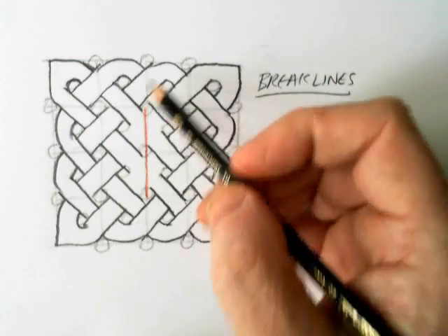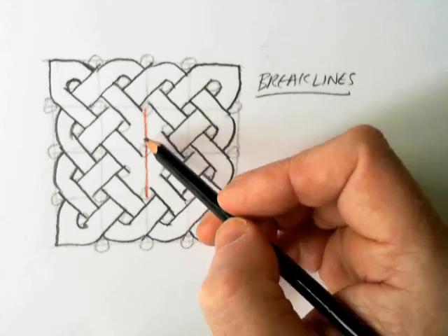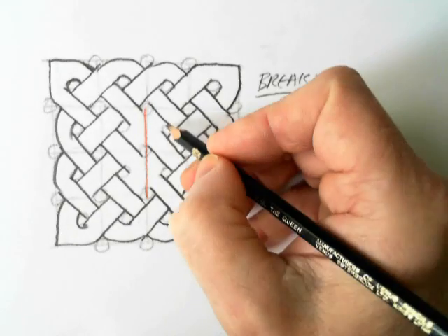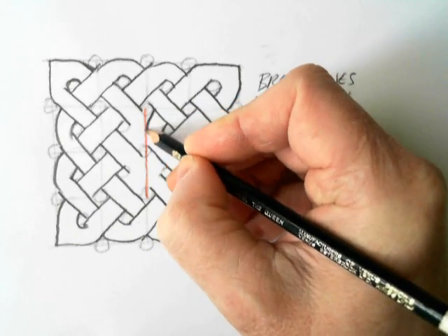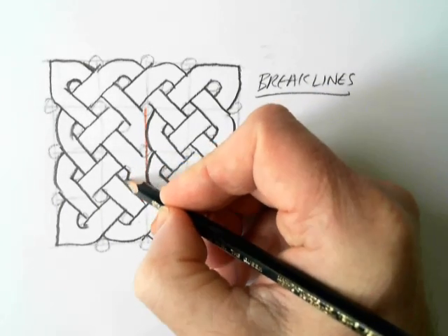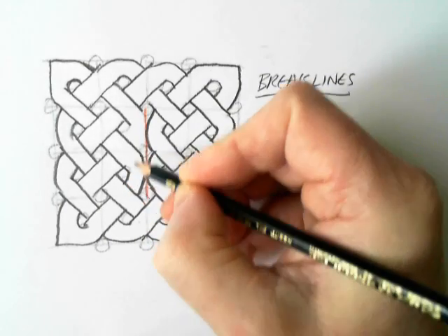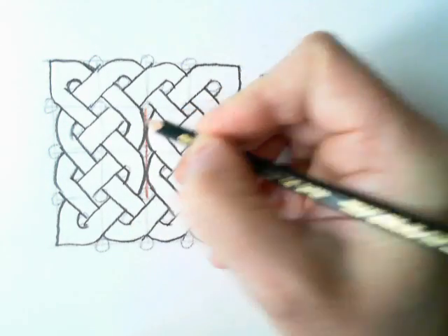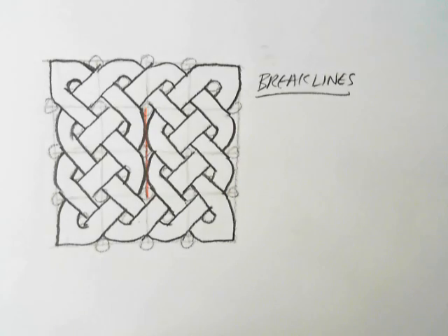So where I've got this break line, it simply acts like the side. So here I'm just going to bounce off it, here and here, and there. So that's a break line.